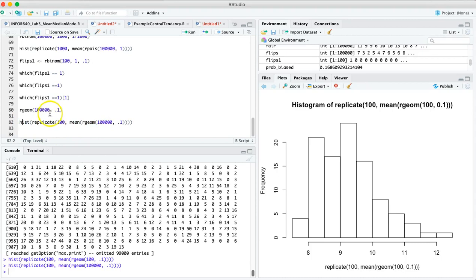So I'll go ahead here and make a histogram to illustrate my results. I'll type hist and then pass it replicate 100 times the mean from the rgeom function with 100,000 instances and a probability of 0.1 and 4 closing parentheses. So go ahead and run that.